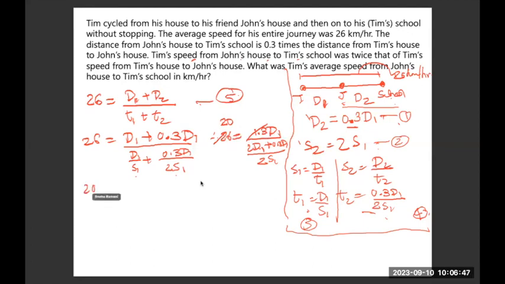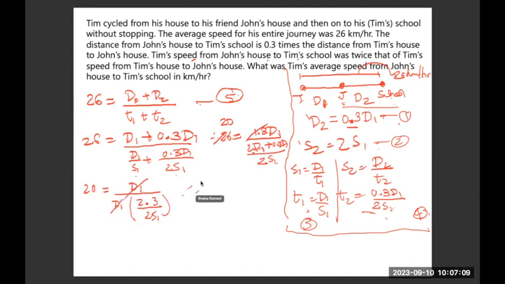So I'll say 20 will be equal to D1 upon, D1 will be a common denominator, the common part from these two parts. So this will be equal to 2.3 upon 2S1. D1 will get cut here.